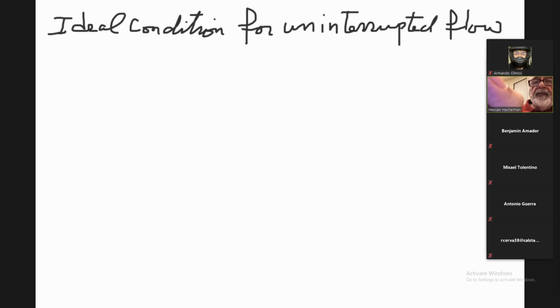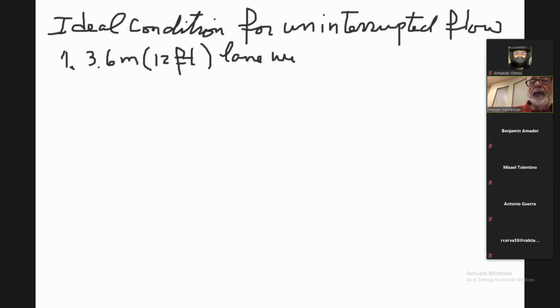Well, the ideal condition is that you have 3.6 meter or 12 feet lane width. So you have to have at least 12 feet lane width.